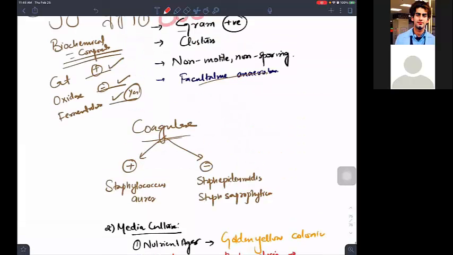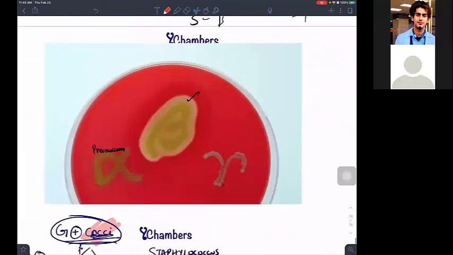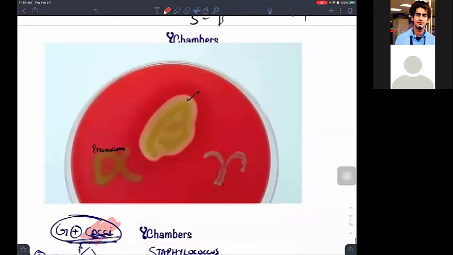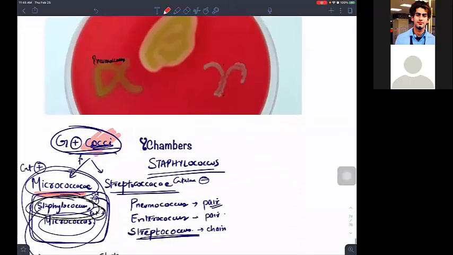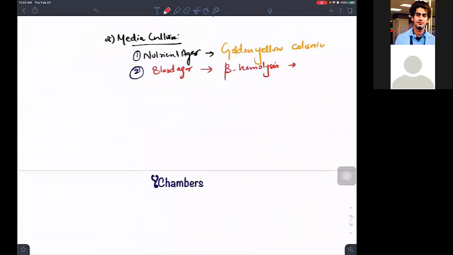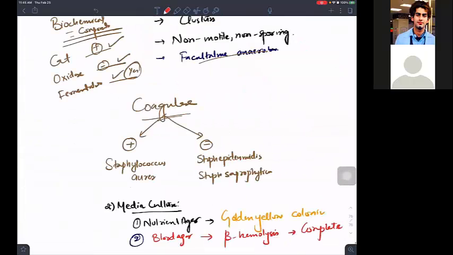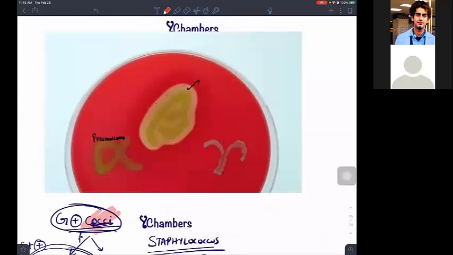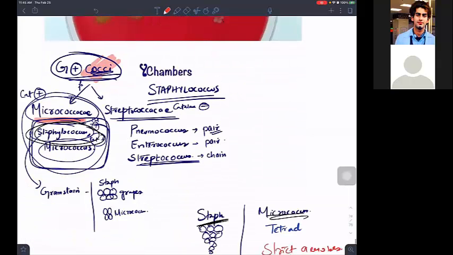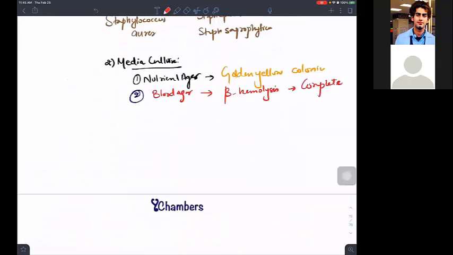I showed you the diagram yesterday. I hope you remember. Complete means the area around this is all hemolyzed. So complete hemolysis is seen on the blood agar. Sometimes there are pin head size colonies also. If you see, the pin has a head, isn't it? So pin head size colonies are also there.